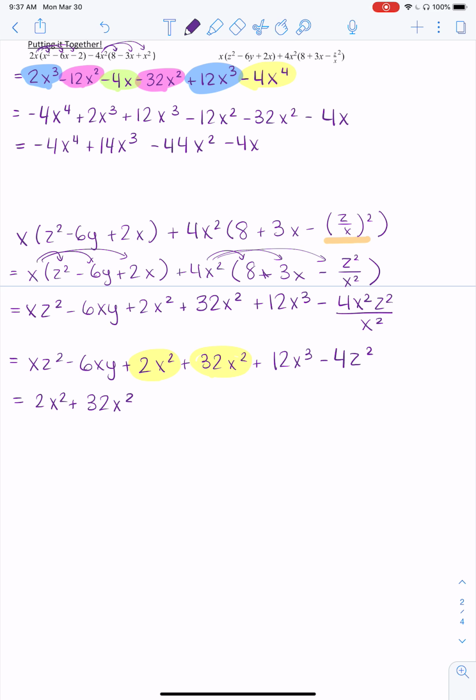And now, in order to keep it all in the correct order, we're going to put everything with just x's at the front. And then we want to keep everything alphabetical. So next thing will be our xy's, then our xz, then just our z's. And I can simplify these two here, and then we're done.